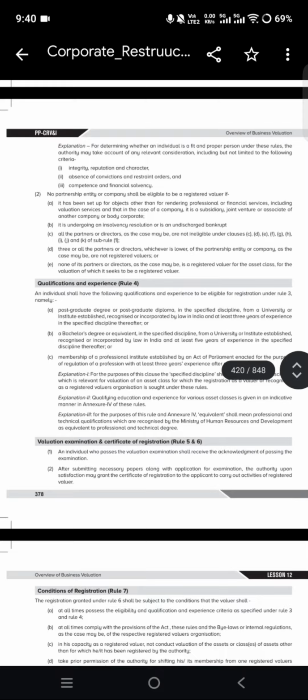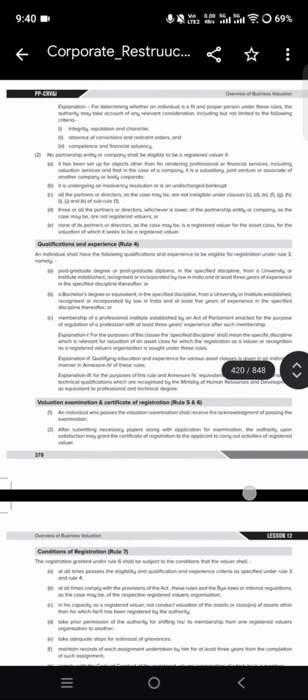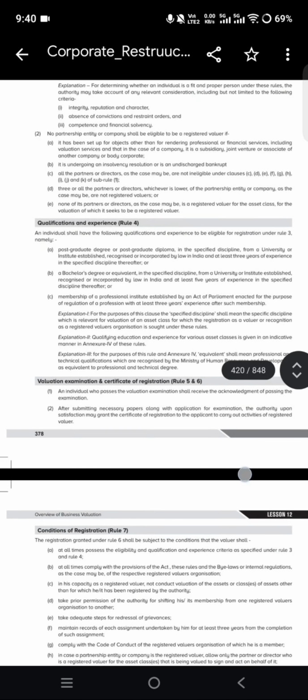Here, at least 5 years of experience. For post-graduation, 3 years of experience. For a bachelor's degree, 5 years of experience. And membership of a professional institute established by an Act of Parliament enacted for the purpose of regulation of the profession, with at least 3 years. So membership of a professional institute means 3 years, bachelor's 5 years, post-graduation 3 years.